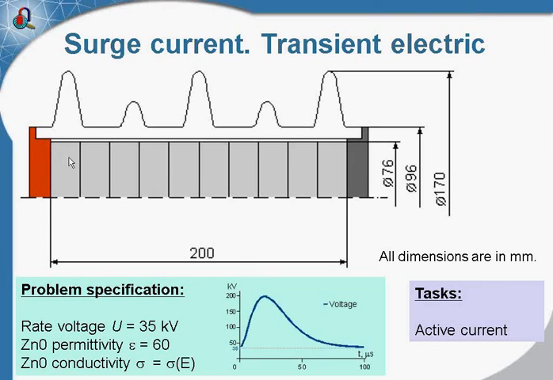And inside there is a special material, zirconium oxide. This material features high electric permittivity and nonlinear electric conductivity, which depends on the electric field strength. Our task is to calculate the current flowing in this nonlinear media when the high voltage impulse of the lightning arrives.